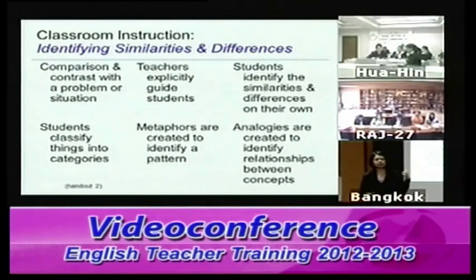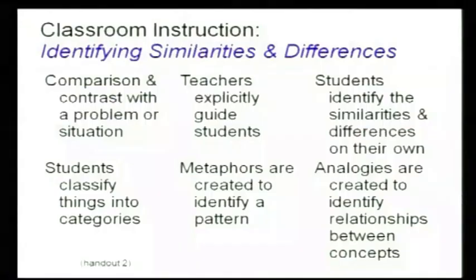With similarities and differences, students can also try classifying, right? Putting things in a category. And the other two, metaphors and analogies. Metaphor is a way of seeing something that's different from another, but they have a relationship, right?